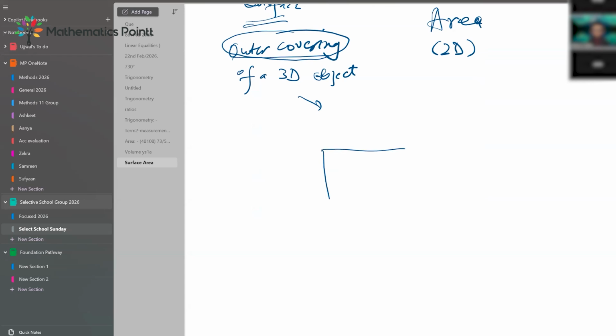Let us say we have a rectangular shoebox, should I say. So how many faces does a shoebox have? 6 faces, right? So I'm making those faces one by one.